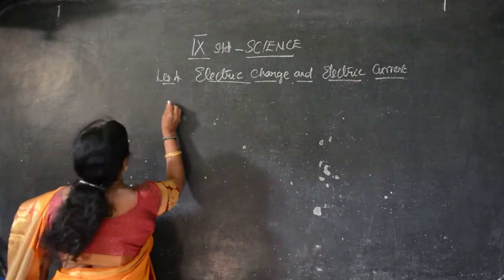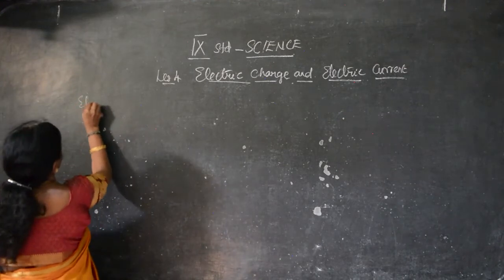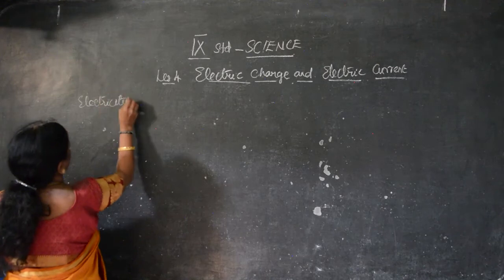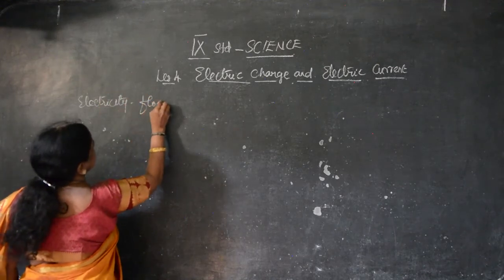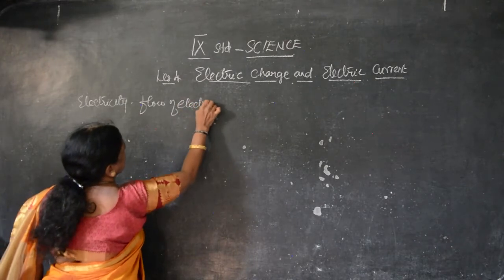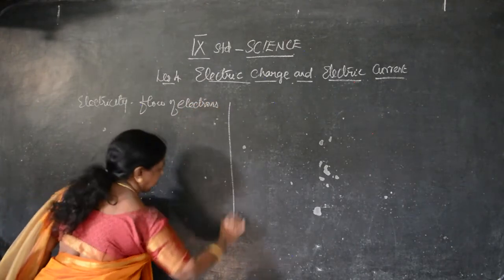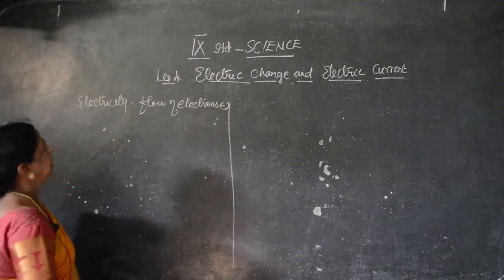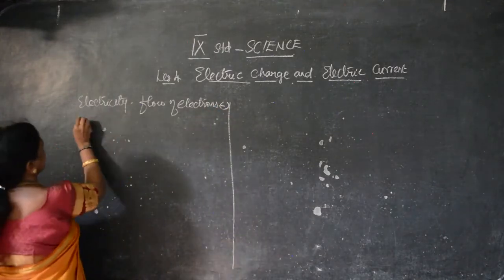So what is electricity? We'll see first. Electricity is flow of electrons. The electrons are negatively charged particles. Okay, so what is electric charge?